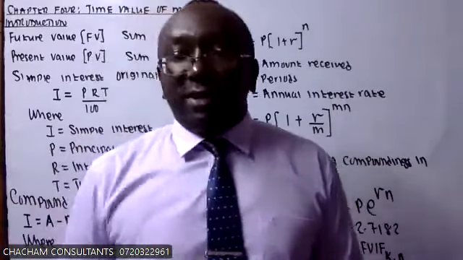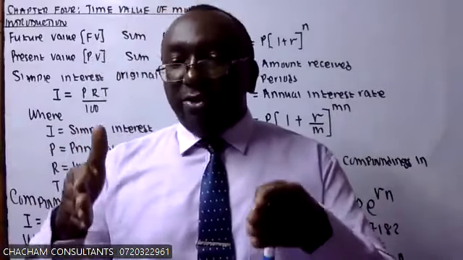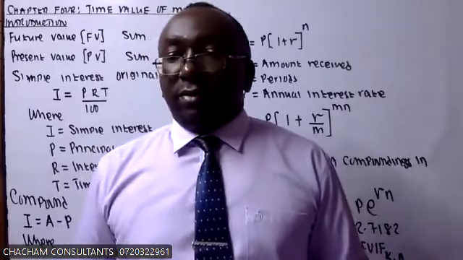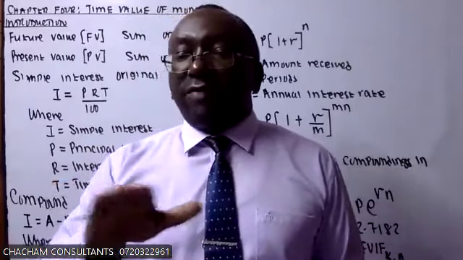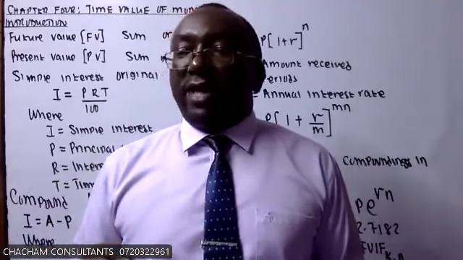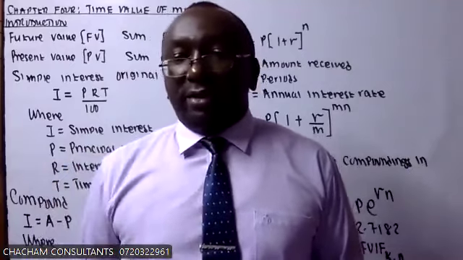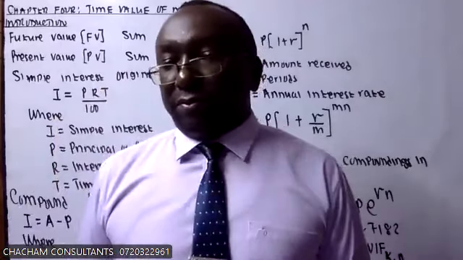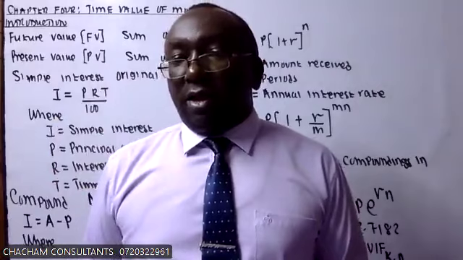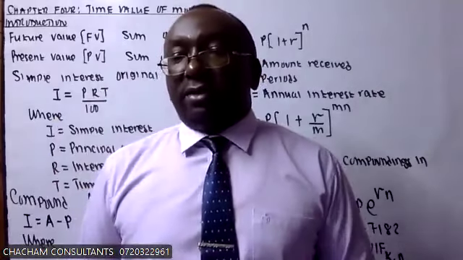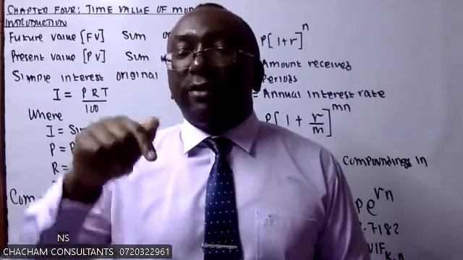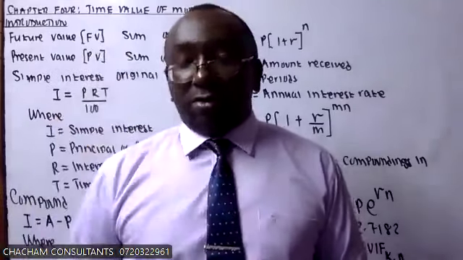Now, in that language then, we have the money today and the money tomorrow. And the general rule in the finance world is that a shilling today is better than a shilling tomorrow. If I have your money, you should rather come for it today, not tomorrow.